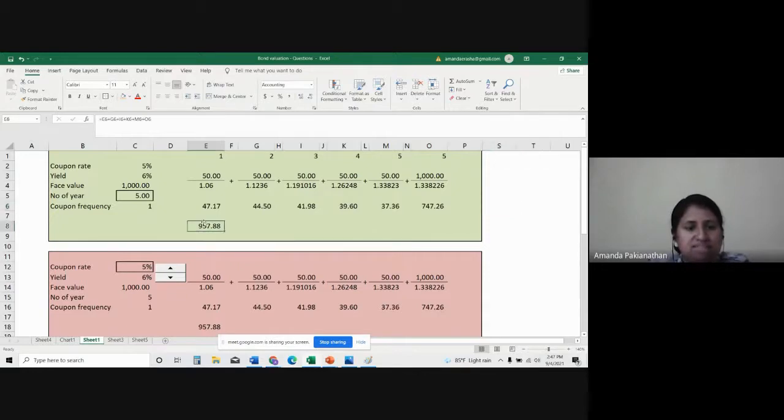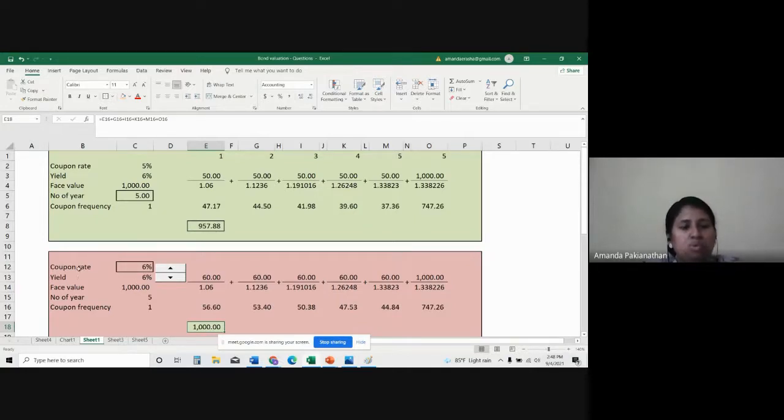But when I was increasing, I hope you saw this: if I increase the coupon to 6, same as my yield rate or my expected return, the value of the bond is equal to the face value. Can you see that?